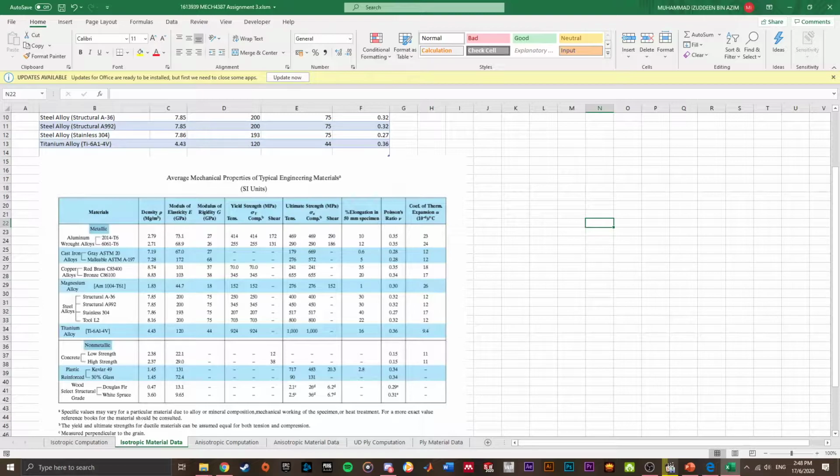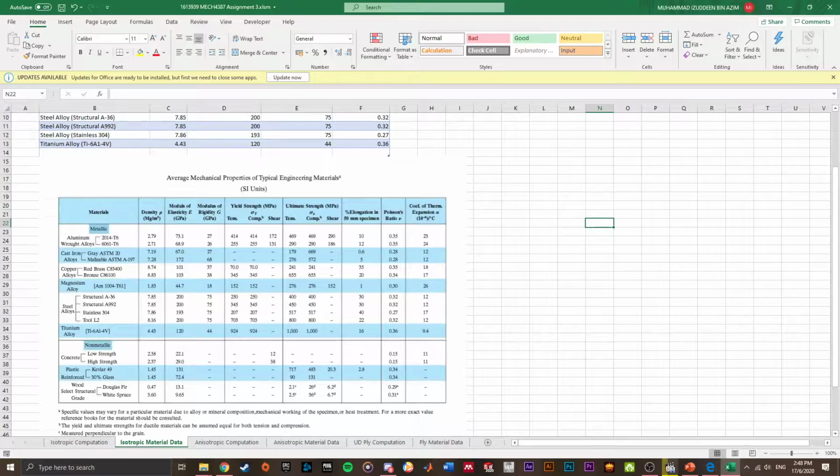What is meant by isotropic? Isotropic is when the elastic modulus in the x and y direction is constant. It is the same. That's why it gets only one value instead of x and y, because it is the same for isotropic.